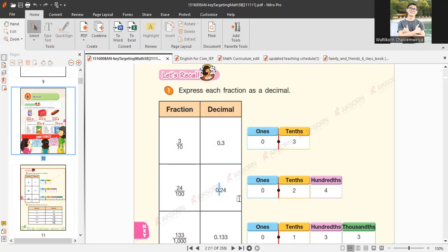As I told you, the number of digits on the right of the dot equals the number of zeros of the denominator, which here is 100. How many zeros are in 100? 2 zeros. And look at here, there are 2 numbers on the right side of the dot.